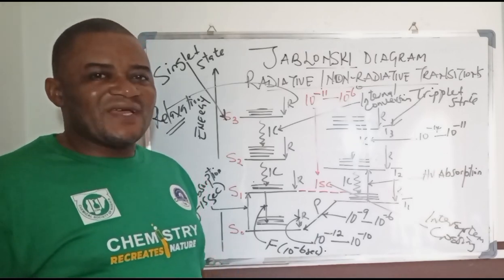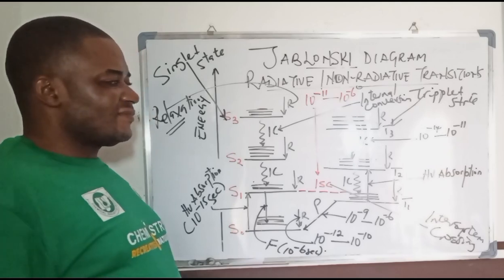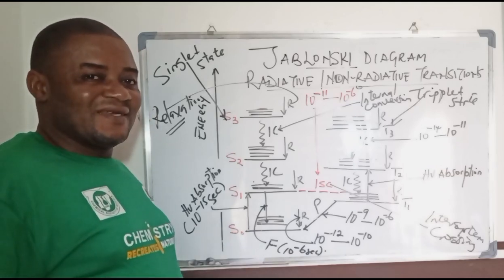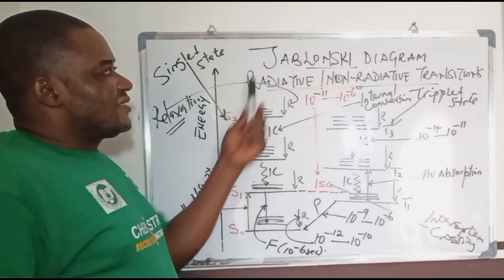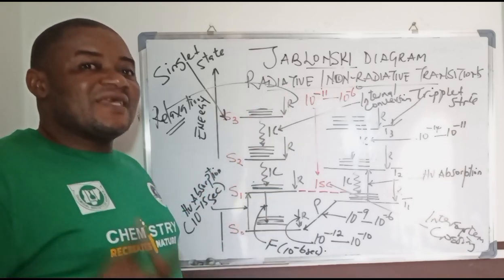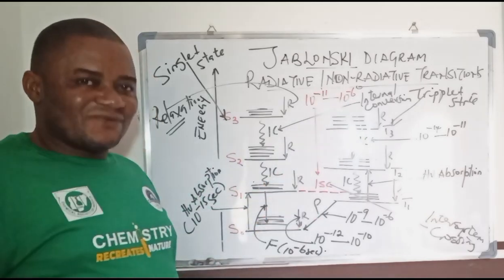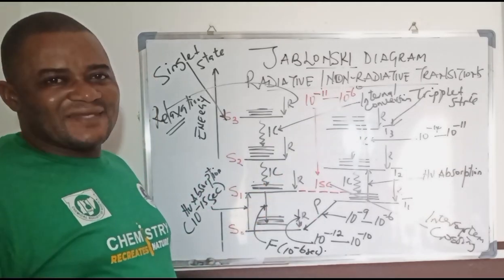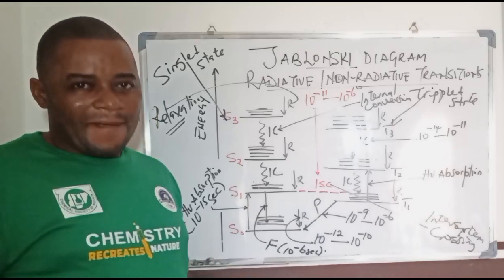They are also everywhere. So in the course of our lecture today, I want to believe that you have understood so much about the Jablonski diagram in its use to explain radiative and non-radiative transitions. I'm glad that we are able to do justice to this particular topic today.